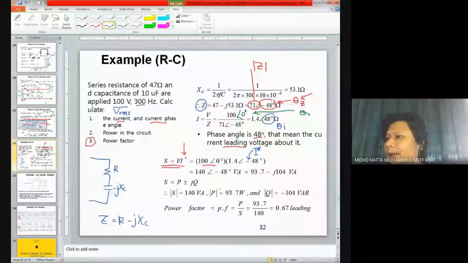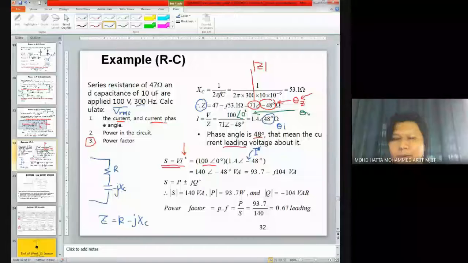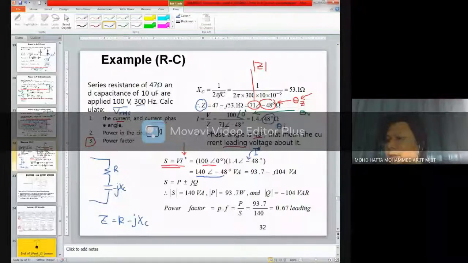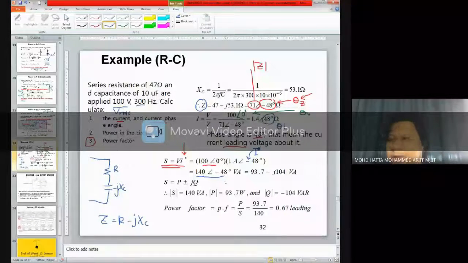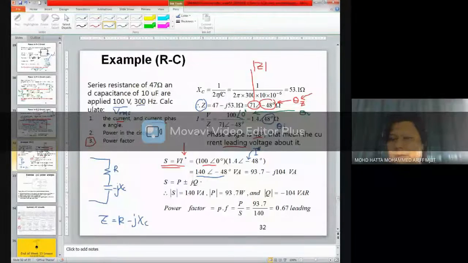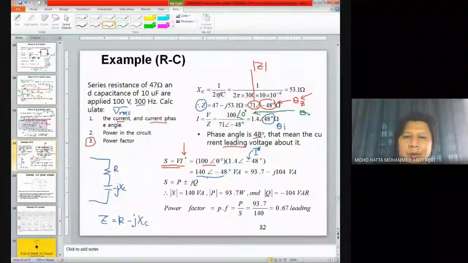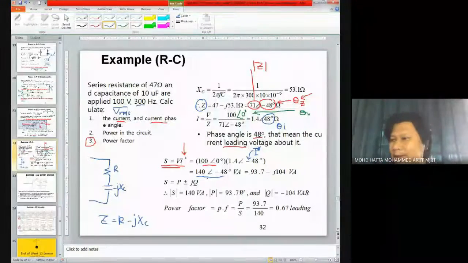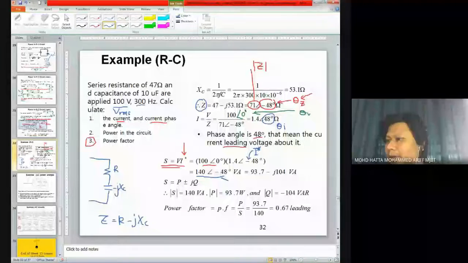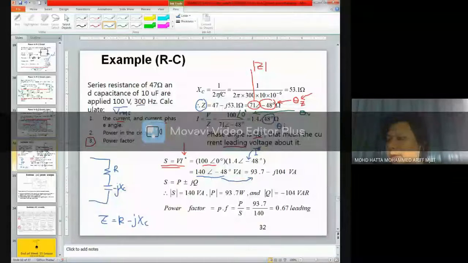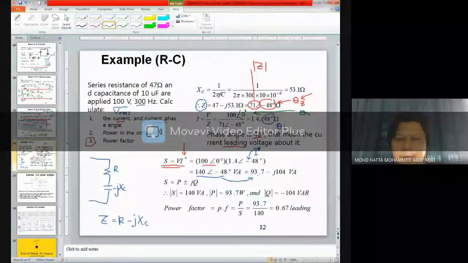Okay, and when you multiply the voltage and the conjugate current, you will get your complex number given in polar form. In order to know your active power as well as reactive power, it is good to convert this polar form into rectangular form.